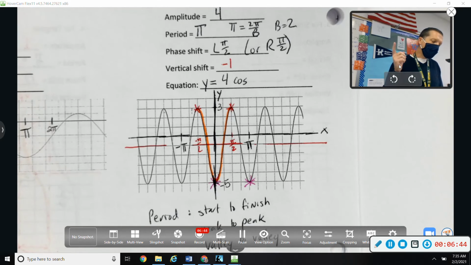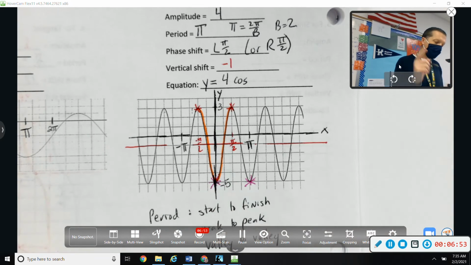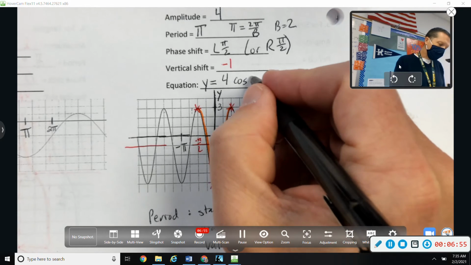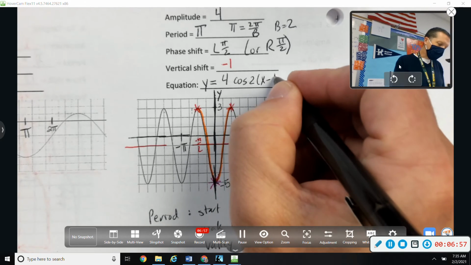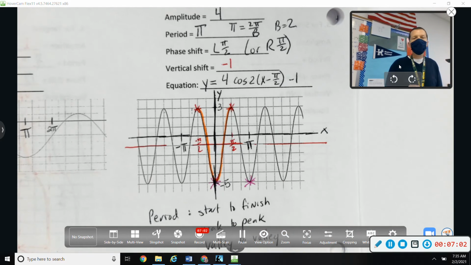Well, there's a couple ways to hold that thought. The question was, is that graph flipped? Well, I'm working it as if it starts right here. Hold that thought, though. When I finish, I'll work it a different way. So b is 2. X minus pi over 2 would shift it to the left, and then minus 1 for down 1. That's one of many possible answers.